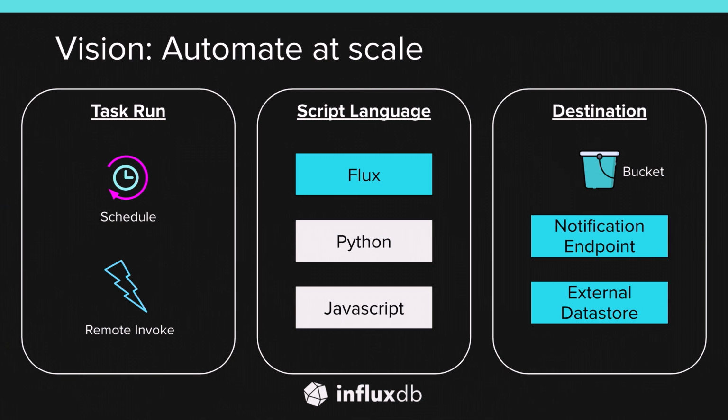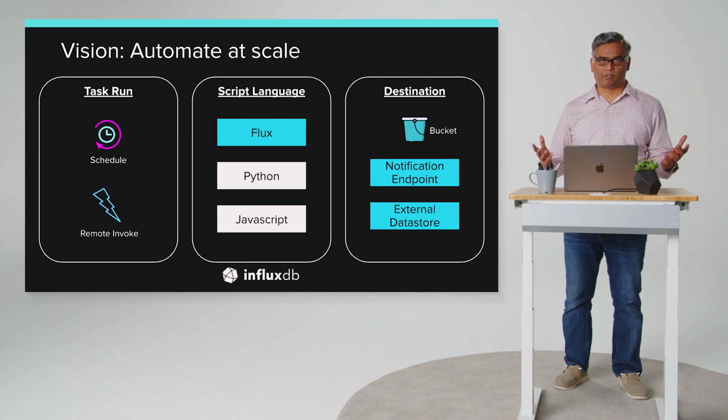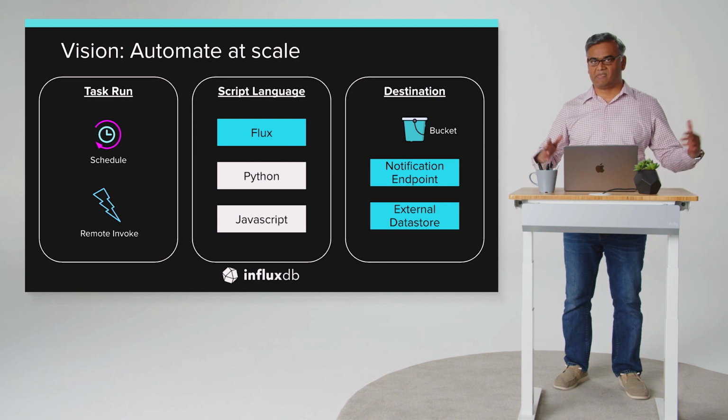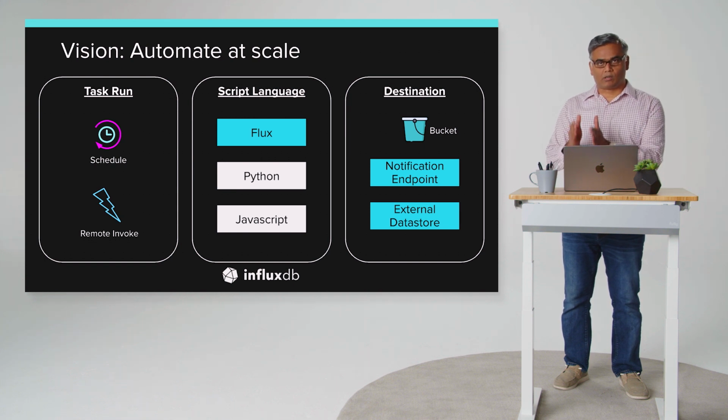Let me give you an example. Imagine that you have a factory floor, and you have a machine which has not been sending data for weeks at a time. When this machine is started up, all of a sudden it's going to send in all of that data that it's been locally keeping for the past two to three weeks. When the data is arriving, your current tasks have already moved on at your current setting.